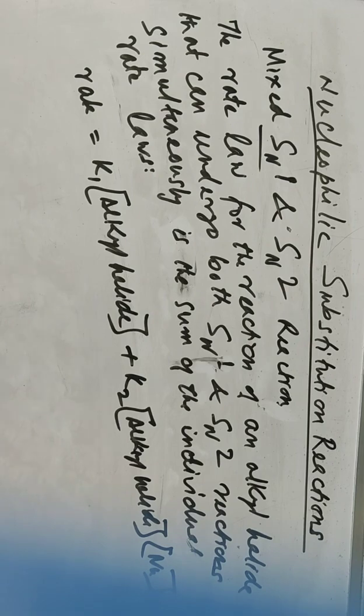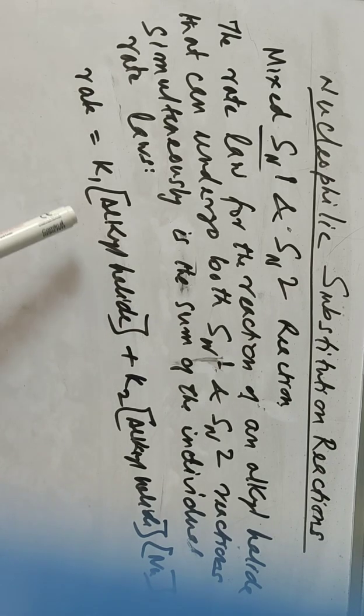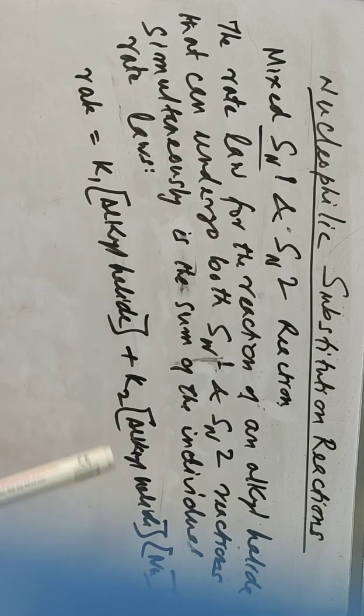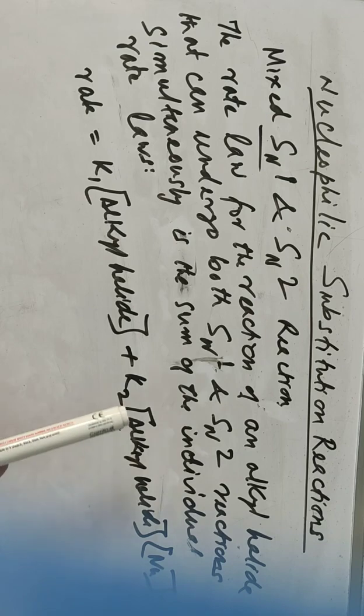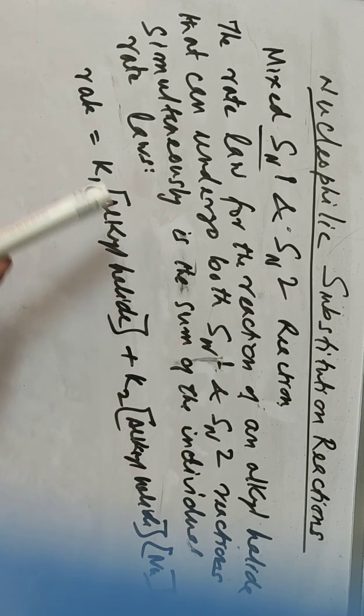From the rate law we can see that if the concentration of nucleophile increases, the rate of the SN2 increases, because there is no concentration of nucleophile in the case of SN1. So we can say that an increase in the concentration of the nucleophile increases the SN2 reaction, and there is no effect on the rate of the SN1.